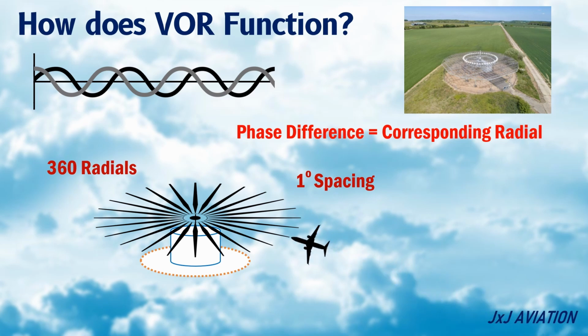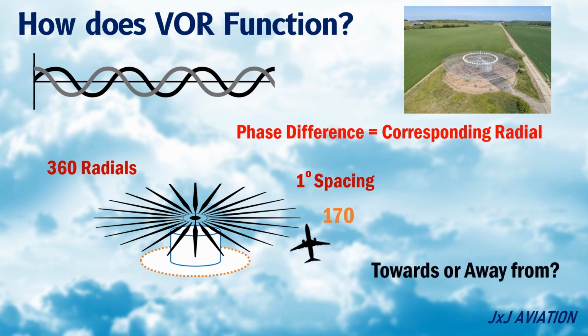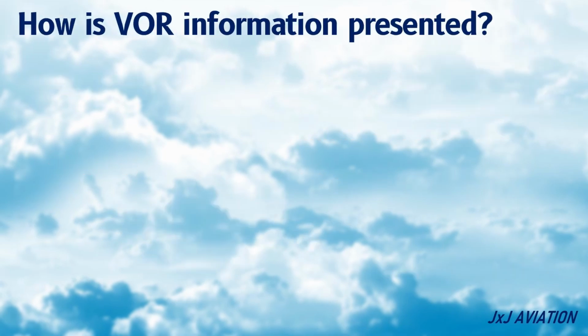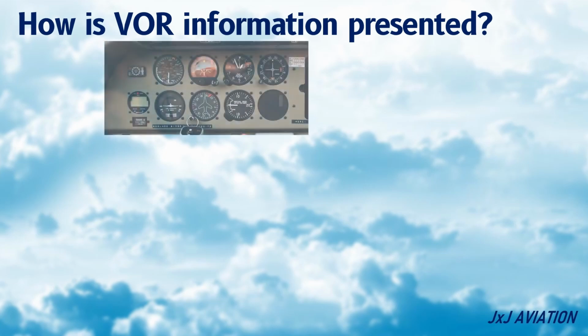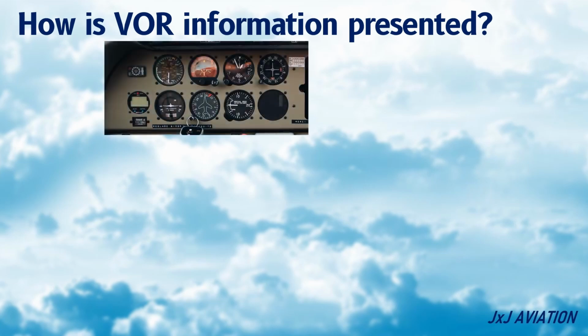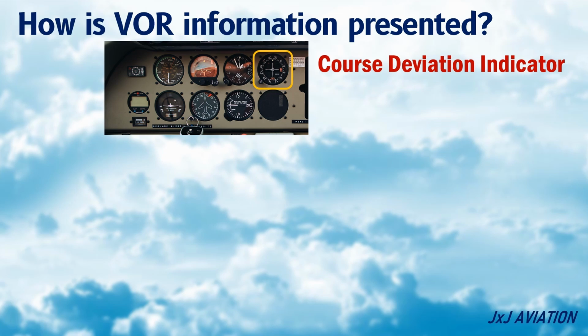But if we consider an aircraft at a particular radial, let's say 170, how will the aircraft know whether it is flying towards or away from that VOR? To understand this, let's look at how the VOR information is presented in the cockpit. The VOR information is presented on an instrument known as the course deviation indicator.